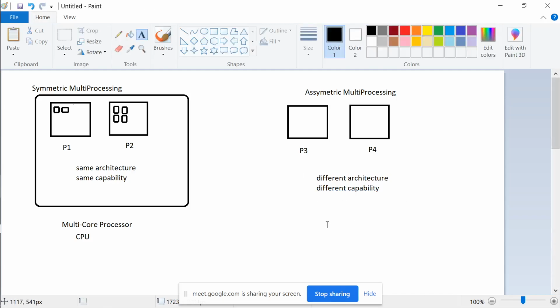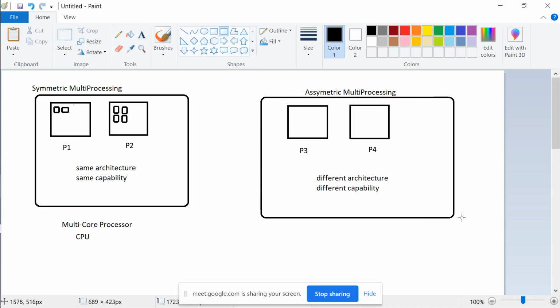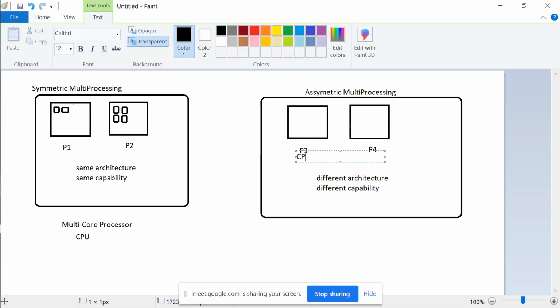So where do we see this kind of an example? When a single computer has two processors. Where do we see this example of asymmetric multiprocessing? We see that mostly on modern computers: one processor is a CPU and you will have a GPU.